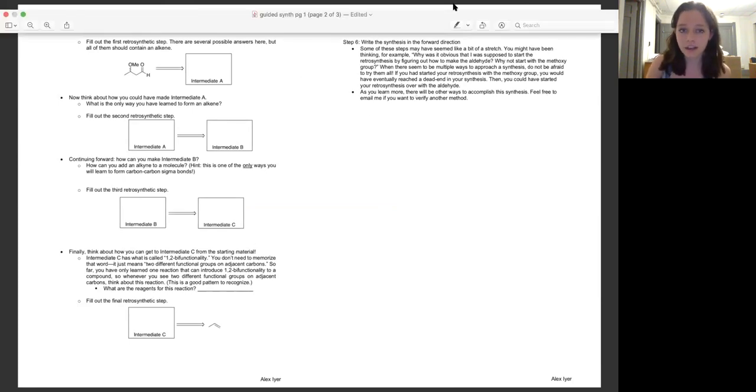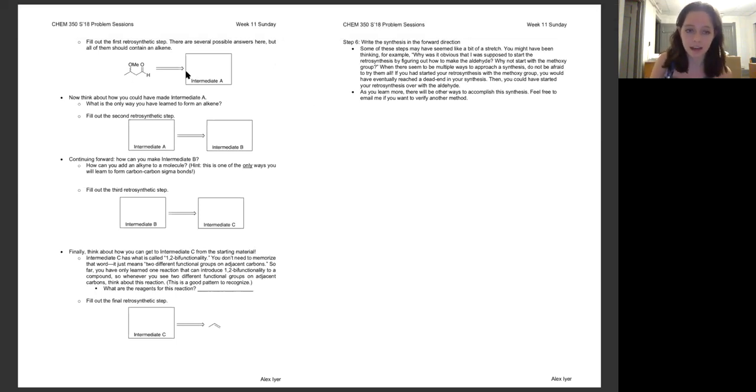So let's go ahead and do the first retrosynthetic step, hoping that my computer doesn't die. So if we're using ozonolysis, that means that we have to have an alkene, right? So that means we're cutting the alkene in half and getting an aldehyde and a ketone, or an aldehyde and an aldehyde. So lots of options here, but I'm just going to choose the simplest one that will contain an alkene.